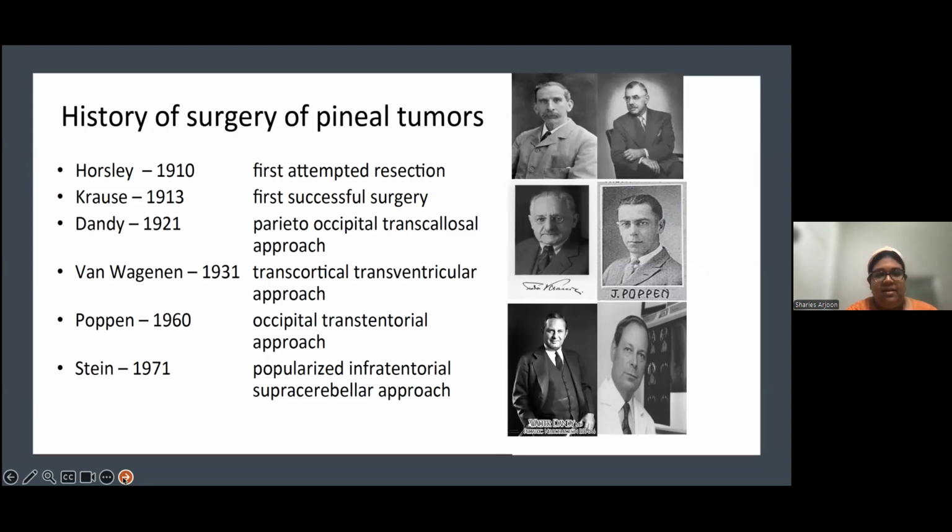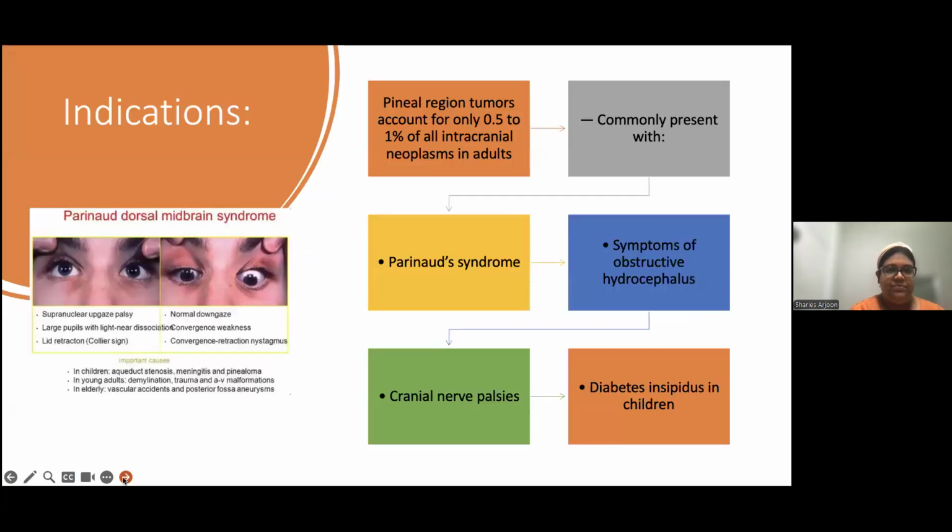Van Wagenen in 1931, the transcortical transventricular approach. Poppen in 1960, the occipital transtentorial approach, and Stein in 1971 popularized the infratentorial supracerebellar approach.